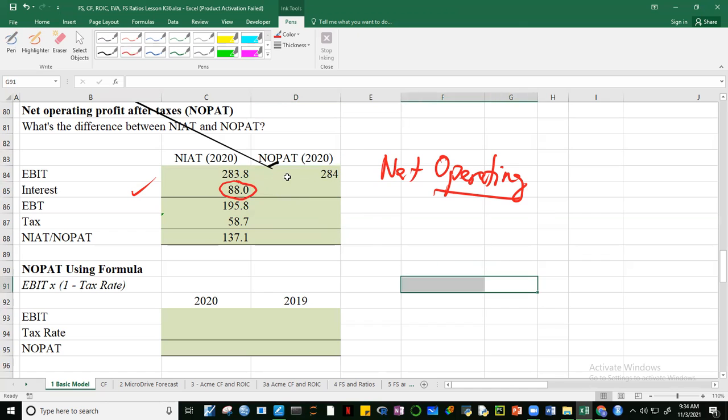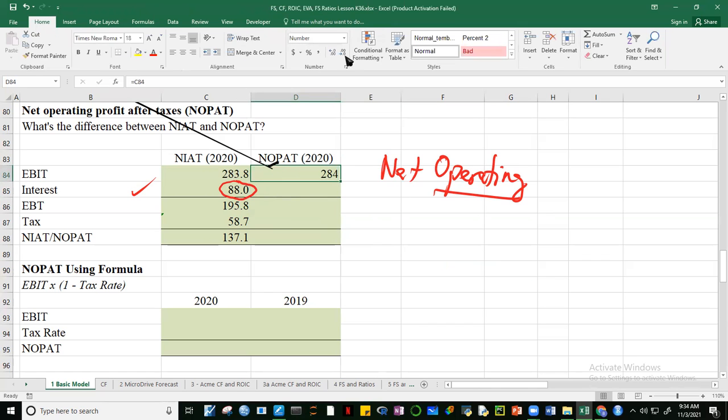So we start again with the EBIT, which is 238.4, and then, since interest is not the role of operations, we will assume that there's no interest expense. Okay, so that's the difference between the NOPAT and the net income after tax. We're not going to charge operations with interest expense because it's not in their control.